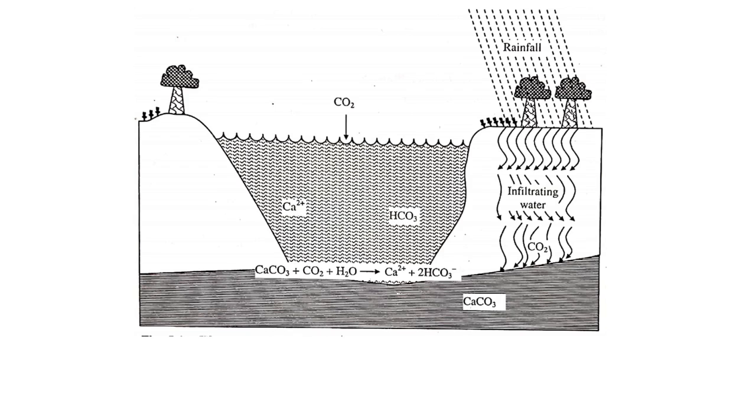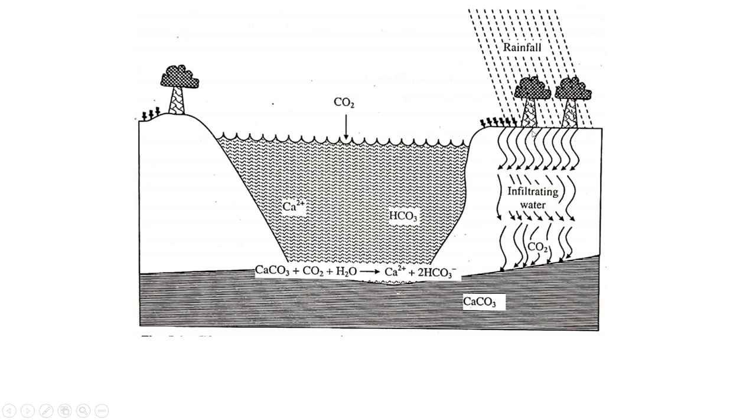So how it reacts, you can see here that carbon dioxide dissolved here converts to carbonic acid, and from that carbonic acid HCO3 minus is there, and this Ca, this is HCO3.